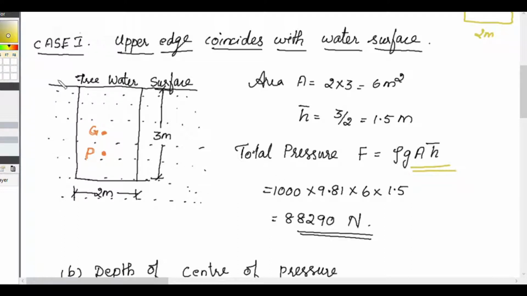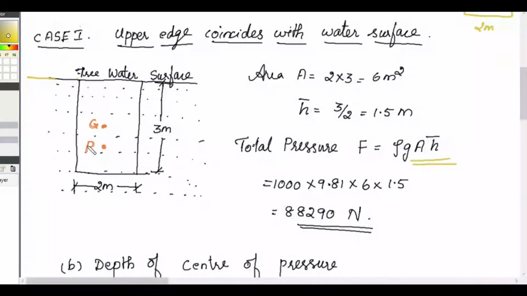So this is our first condition. This is our free water surface, and the upper edge of the vertical plane is coinciding with the free surface of water. This is the center of gravity of our vertical plane, and this is the center of pressure.